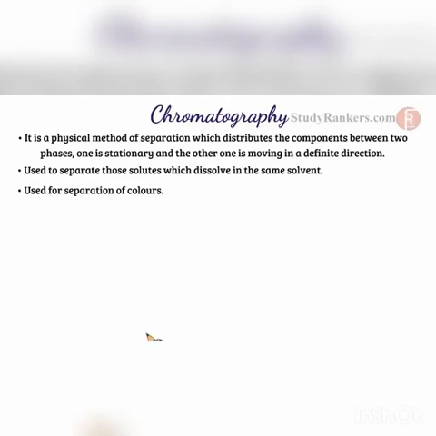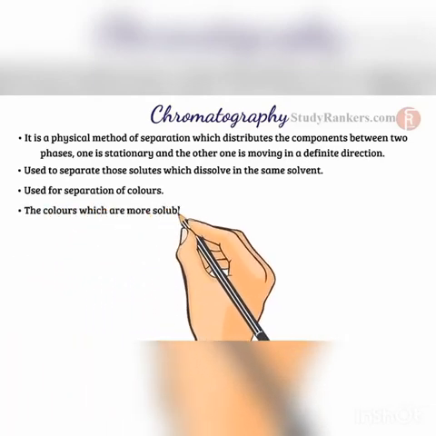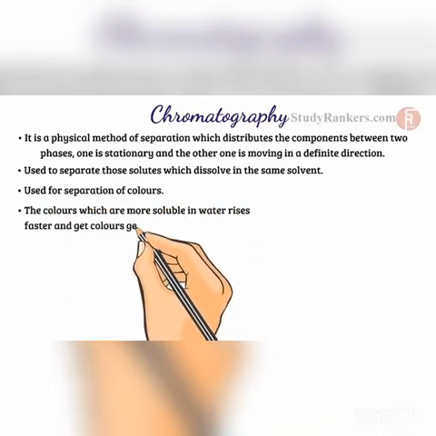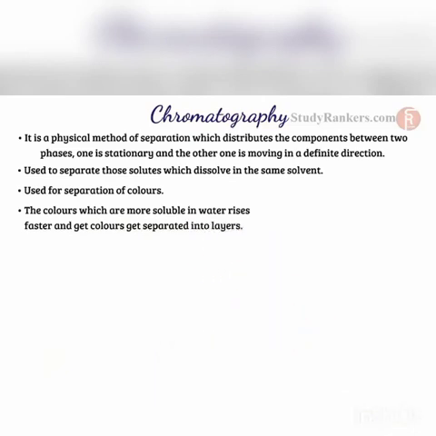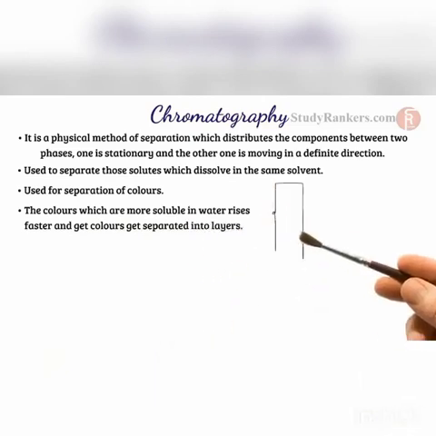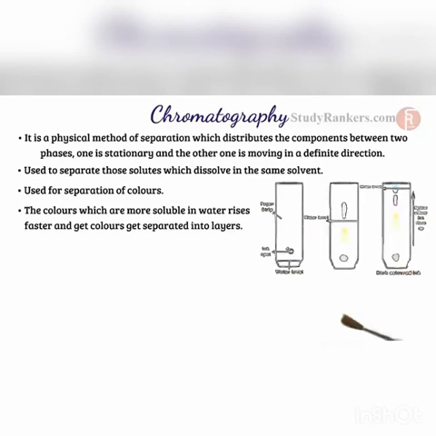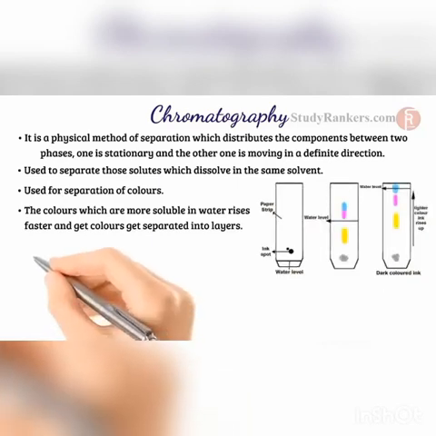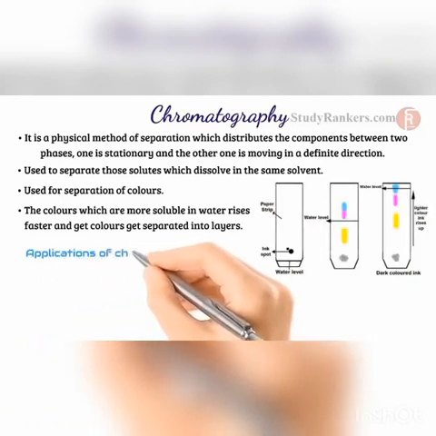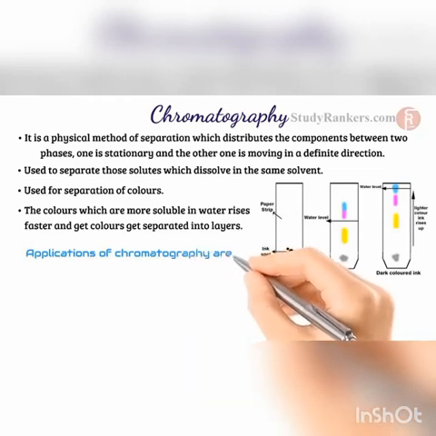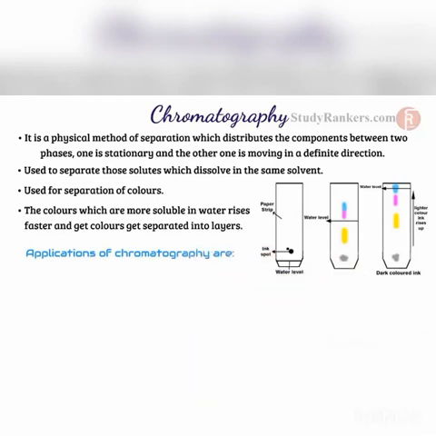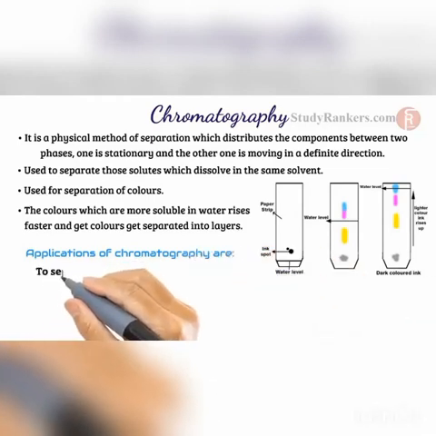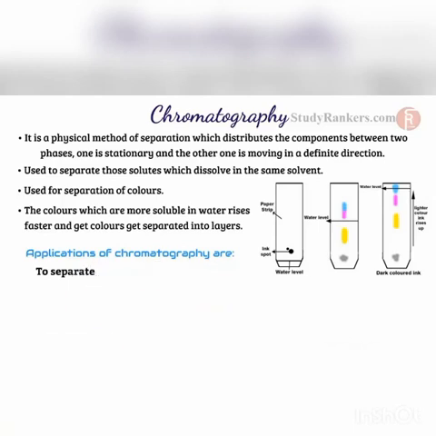This process is used to separate those solutes which are dissolved in the same solvent, like it is used for separation of colors. The colors which are more soluble in water rise faster on the strip and the color gets separated into layers.